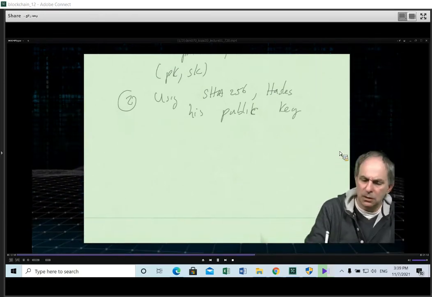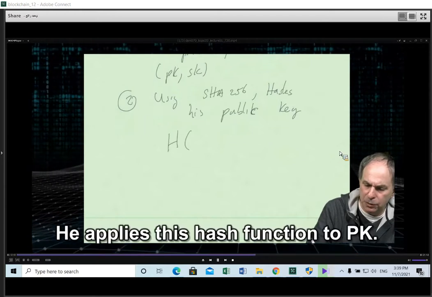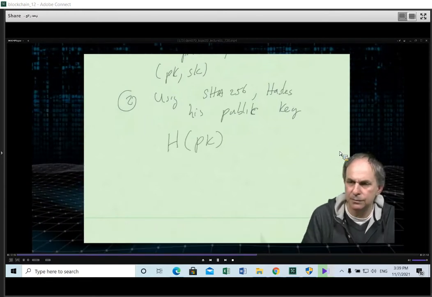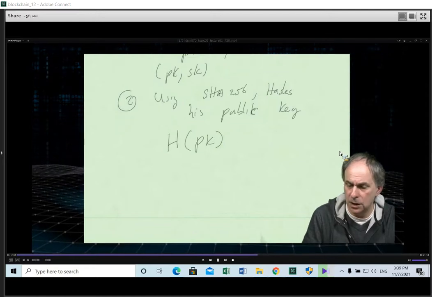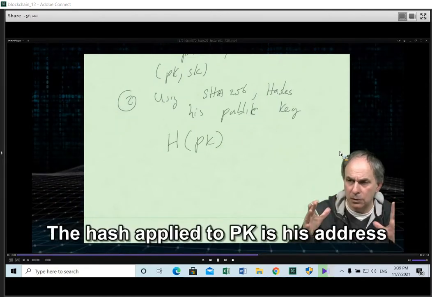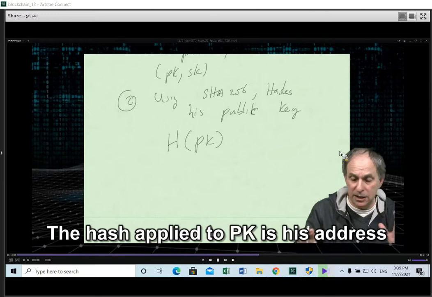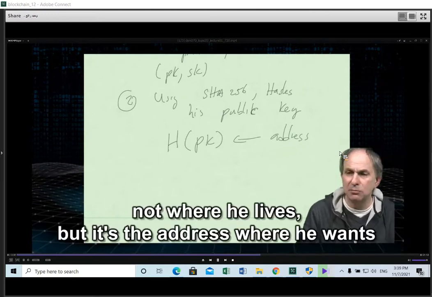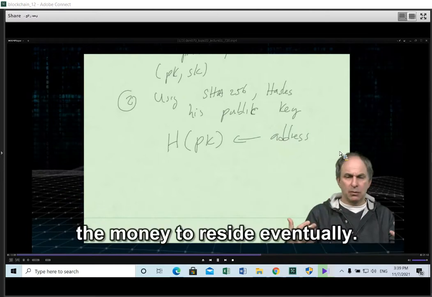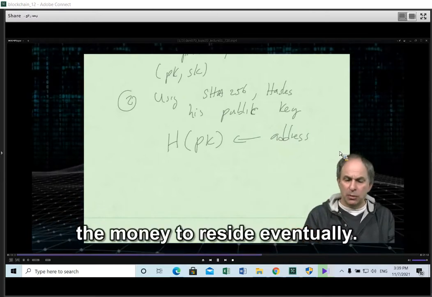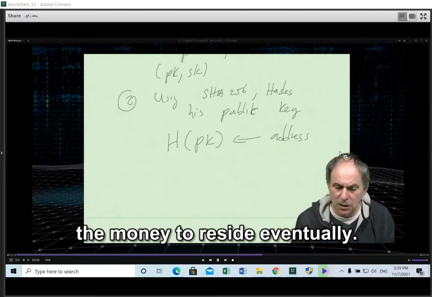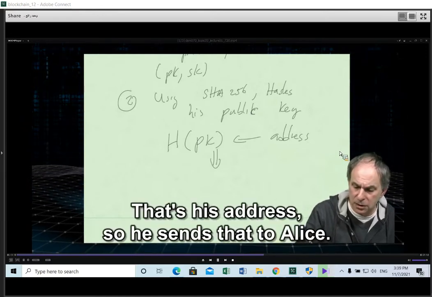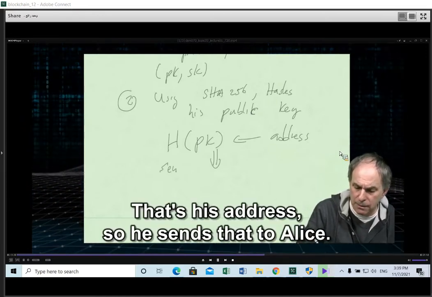So he applies his hash function to PK. Right. Okay, so the hash applied to PK is his address. It's not where he lives, but it's the address where he wants the money to reside eventually. So that's his address. So he sends that to Alice.